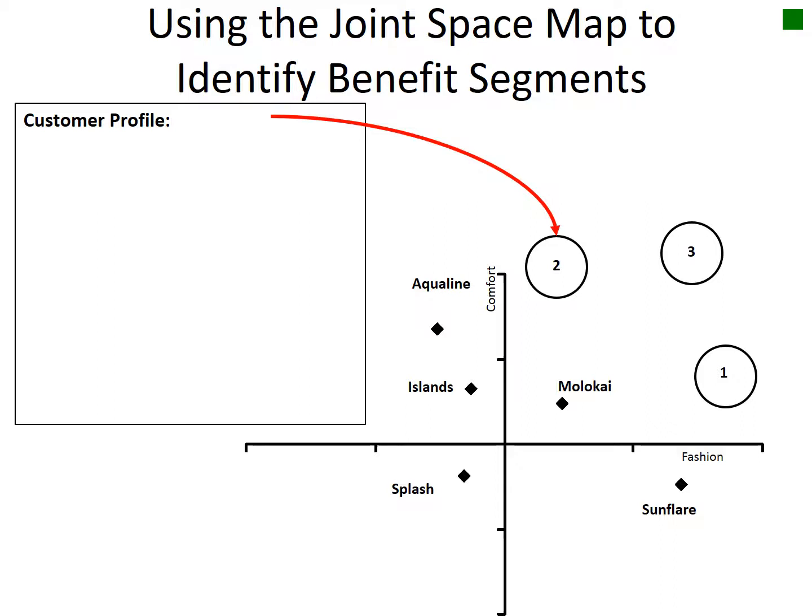Market segment 1 is interested in fashion and less so interested in comfort. They want to look good, but they don't care as much how the swimsuit feels as long as it looks good. Segment 2 would prefer more comfort over fashion, so they're okay to sacrifice some fashion, but they would prefer to feel good in their suit than necessarily how it looks.